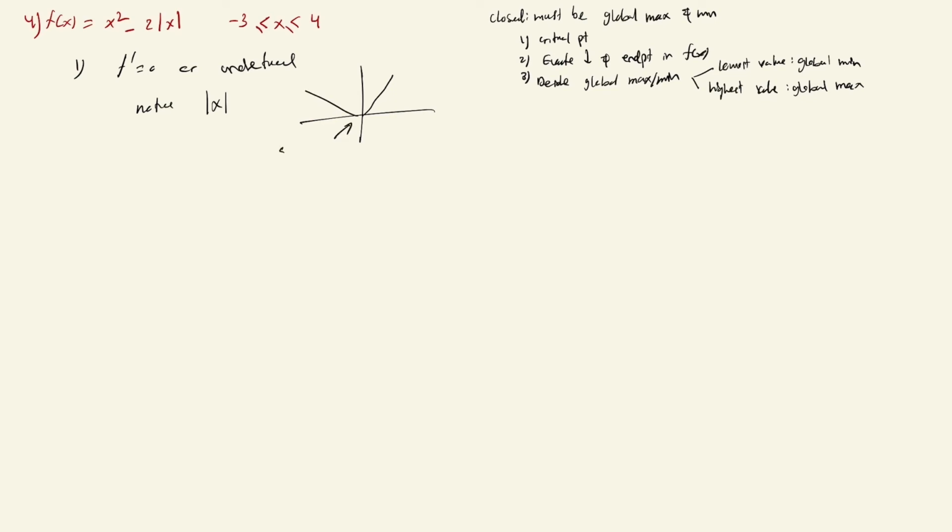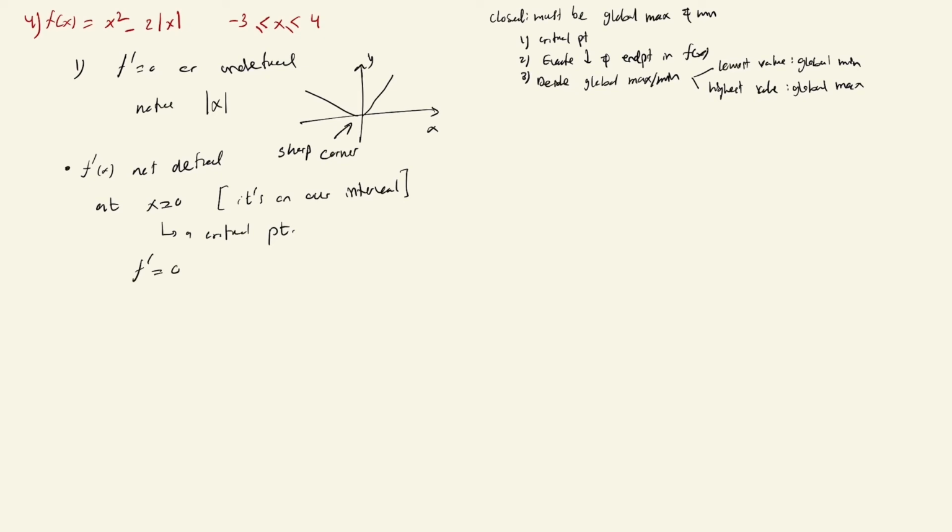Notice here at x equal to 0, we have a sharp corner. That means the derivative at x equal to 0 is undefined. Therefore, at x equal to 0, it's considered to be a critical point. And it is in the interval, which is from minus 3 to 4.